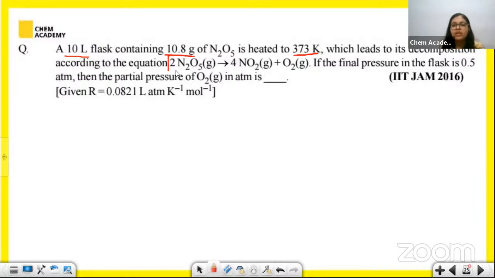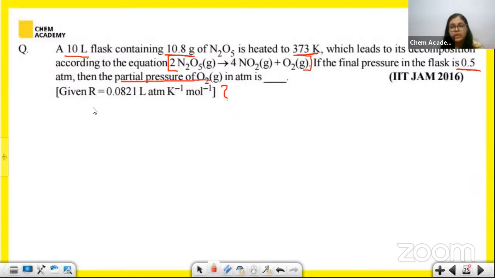We have been given the equation of decomposition of N2O5. If the final pressure in the flask is 0.5 atm, then the partial pressure of O2 in atm is, we have to calculate what? We have to calculate the partial pressure of O2.